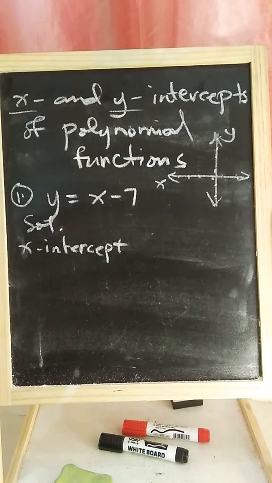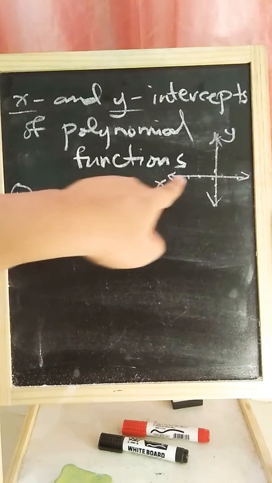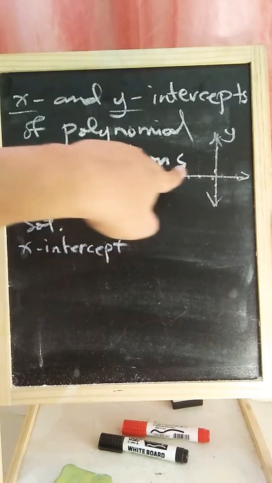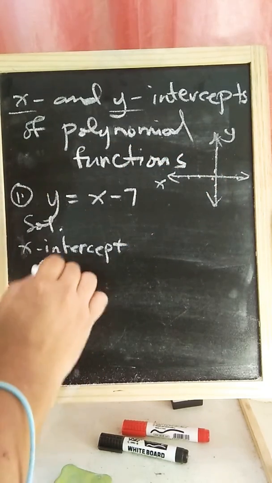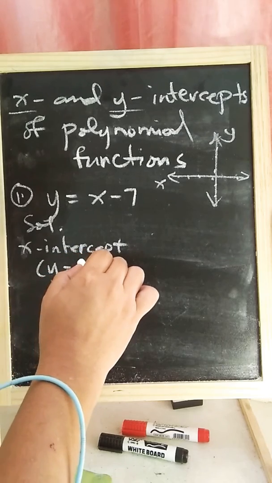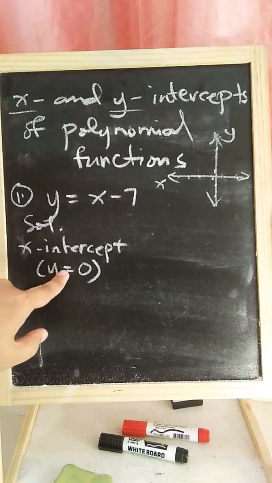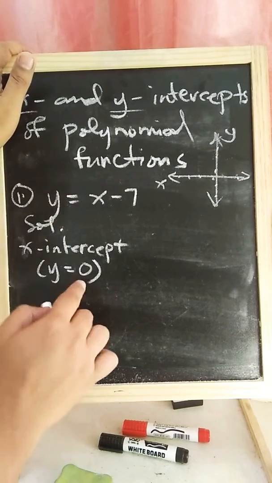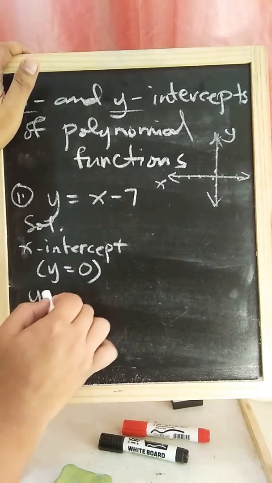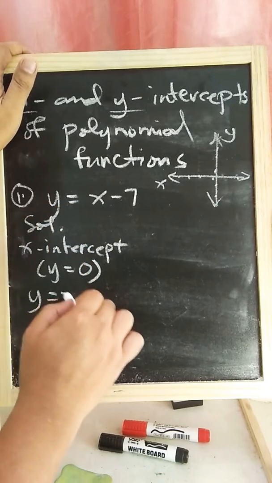We will discuss graphing later. Let's concentrate on the intercepts. When your point is an x-intercept, it only lies on the x-axis, so the value of y is equal to 0. So I will substitute y with 0 in the function y is equal to x minus 7.